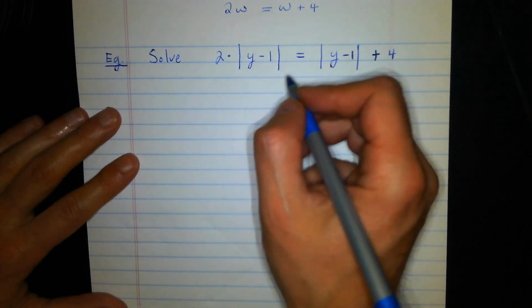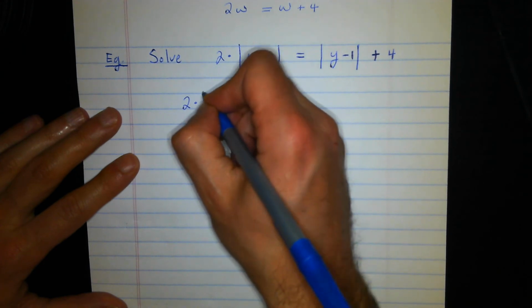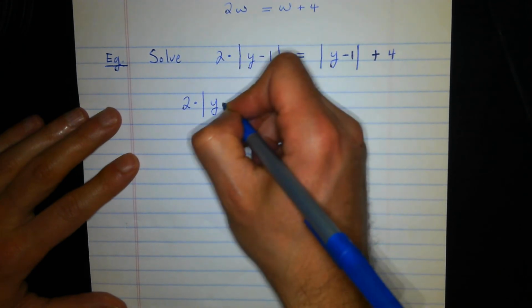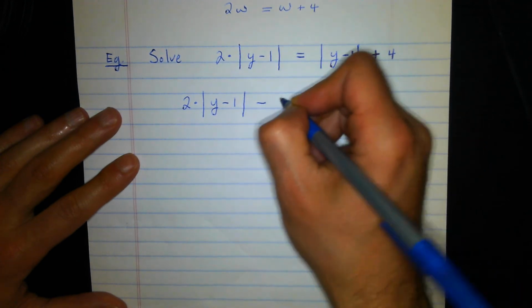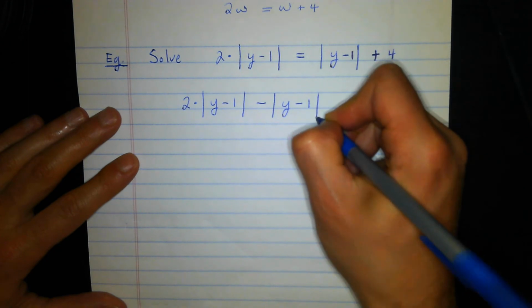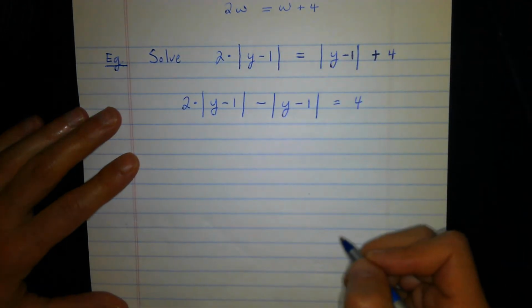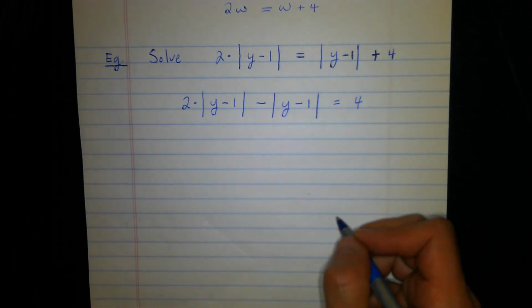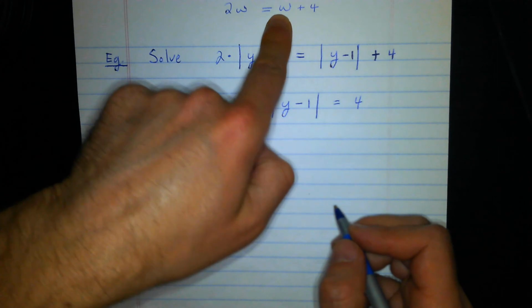Okay, so if I do that, I get 2 times the absolute value of y minus 1, minus the absolute value of y minus 1, equals 4. At this point, what would that look like in the w version?